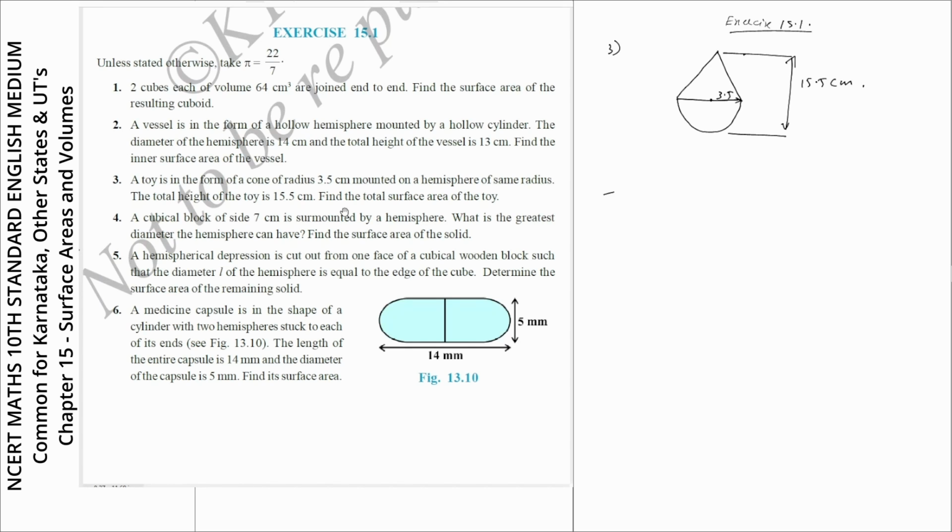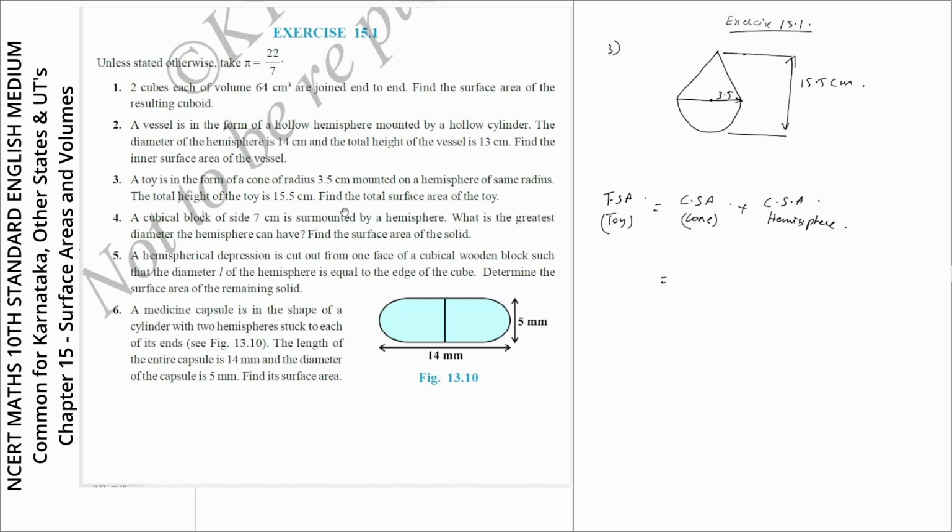Now total surface area of toy is equal to, now there are two portions. One is curved surface area of cone plus curved surface area of hemisphere. So what is the curved surface area of cone?